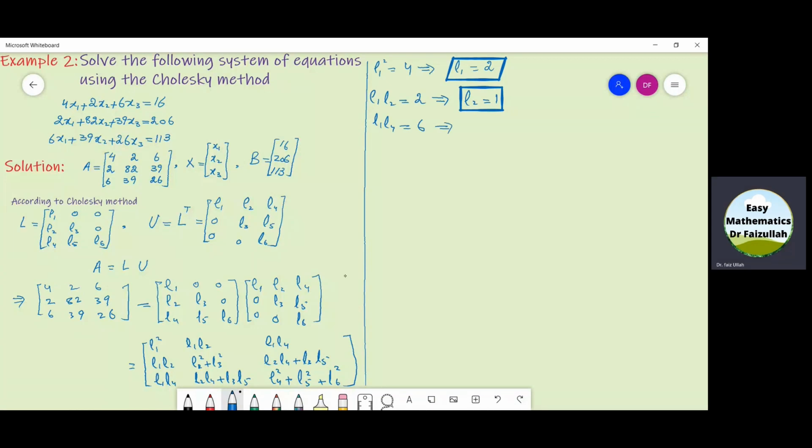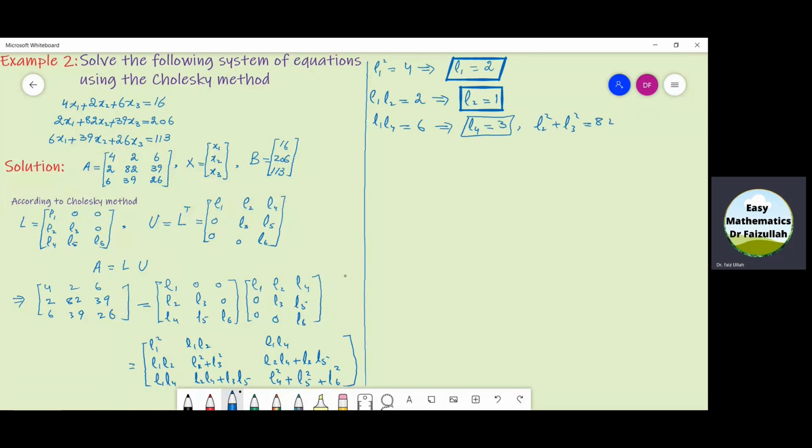But we can see L1 is 2, so we get L4 is equal to 3. And now in the next step we have L2 square plus L3 square is equal to 82.